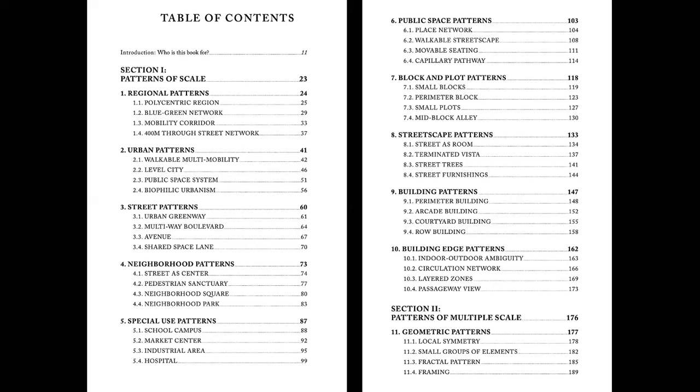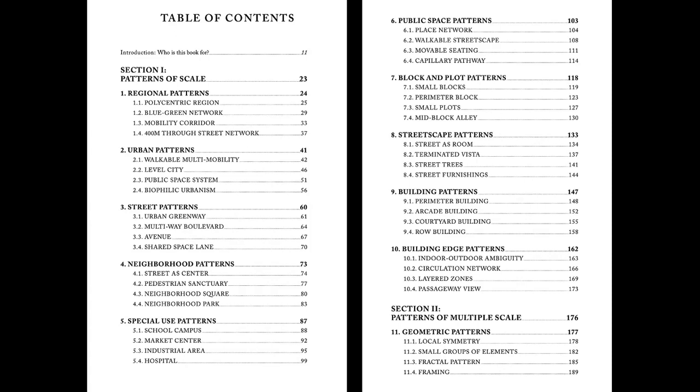In the original pattern language, there's a pattern called South Facing Outdoors, which for half of the planet is not the right pattern. If you're in the Southern Hemisphere, North Facing Outdoors would be the right pattern. So many of these are supplements that we think are very much needed to have a more complete and more globally useful compendium of patterns.